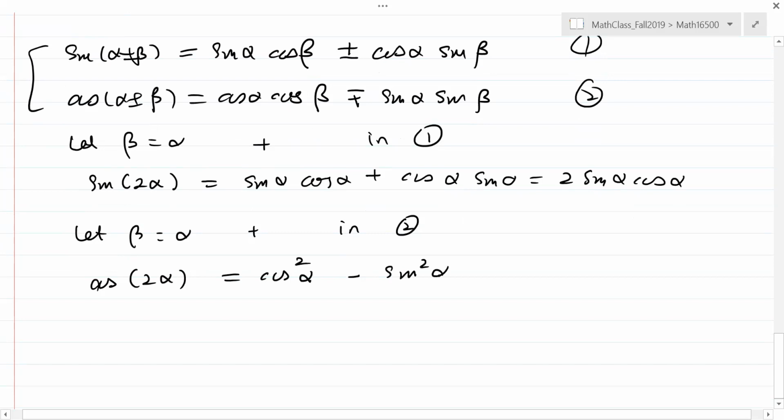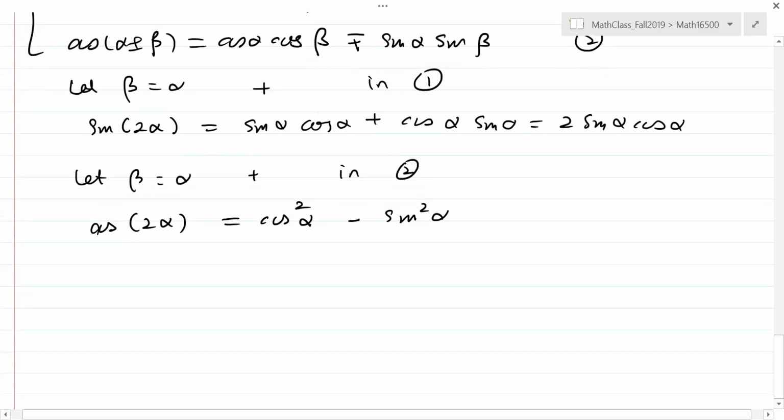So you get another formula we're familiar with. Those are two special formulas from the above two formulas, and they are called double angle formulas.